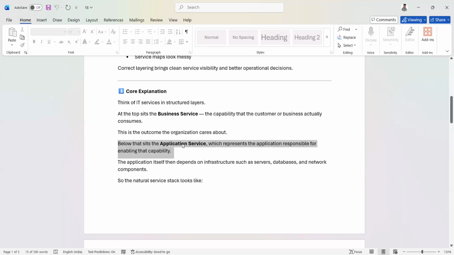Finally, this application service is also dependent on infrastructure at the bottom, like various networking devices, databases, and servers. All these are connected together and providing capability to the application service, which in turn is providing capability to the business service. And then the business is flourishing. So this is a complete flow.